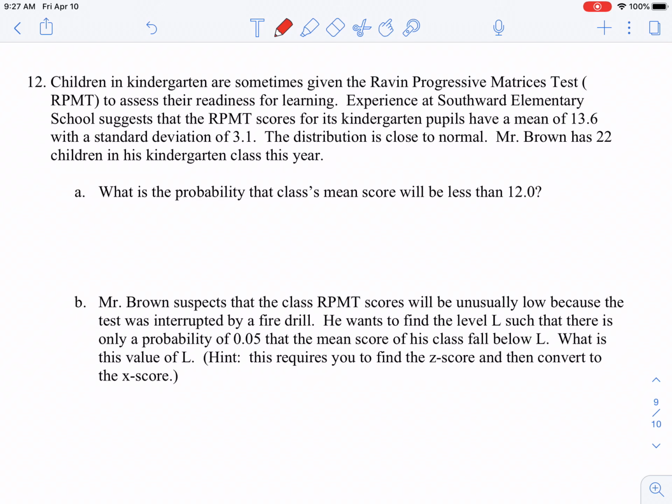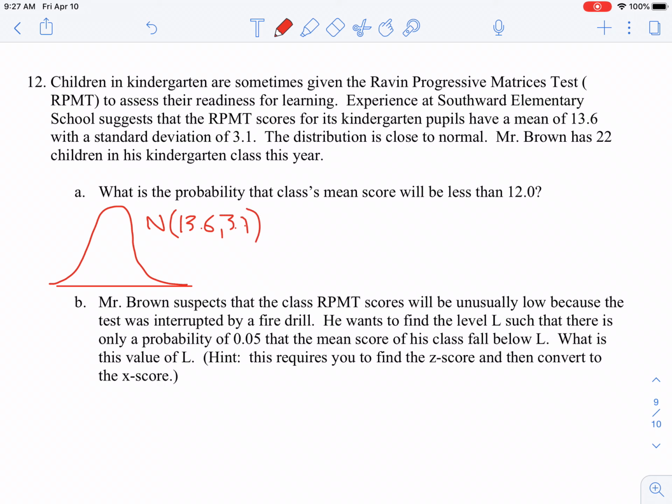So what we're looking at for 12A and B is we're saying that of all students that take this test, the scores follow a normal model with a mean of 13.6 and a standard deviation of 3.1.